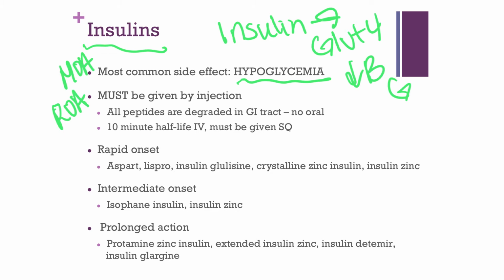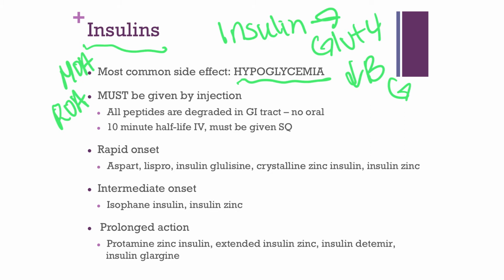Most things made by your body have really quick half-lives. Some of them have longer, but most things, they're really quick. So when you give insulin IV, which is a 100% bioavailable way to give it, it only has a 10-minute half-life. So giving it in a different route, like subcutaneous into the adipose layer, will extend the length of activity.